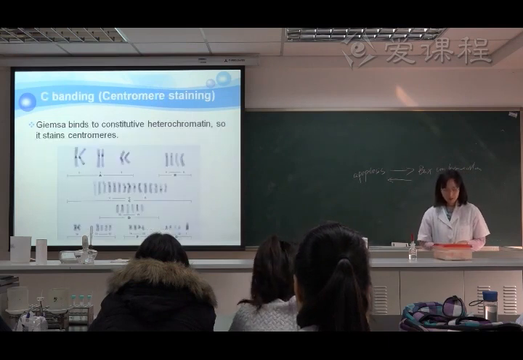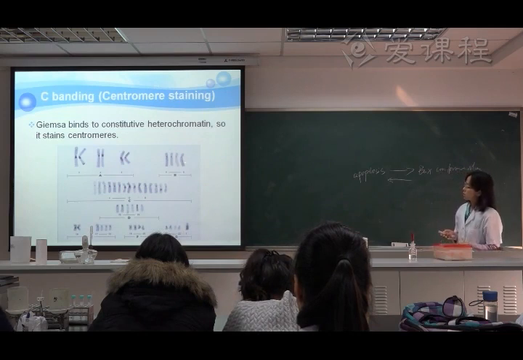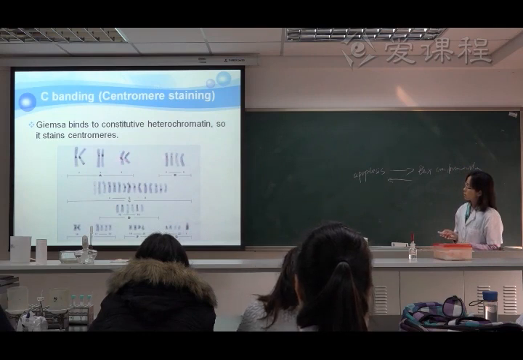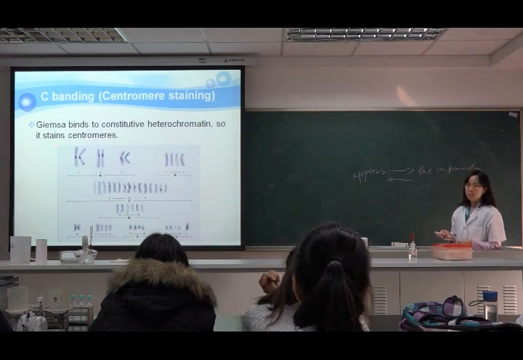And another is C banding, centromere staining. Because it is centromere staining, we can see here the centromere is dark. From here we can clearly observe the centromere, and this is also stained with Giemsa.